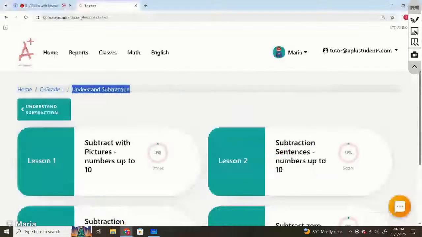Here I am on grade 1 math. We're going to start with the chapter Understand Subtraction. So let's just start with the first lesson, that is subtract with pictures numbers up to 10.